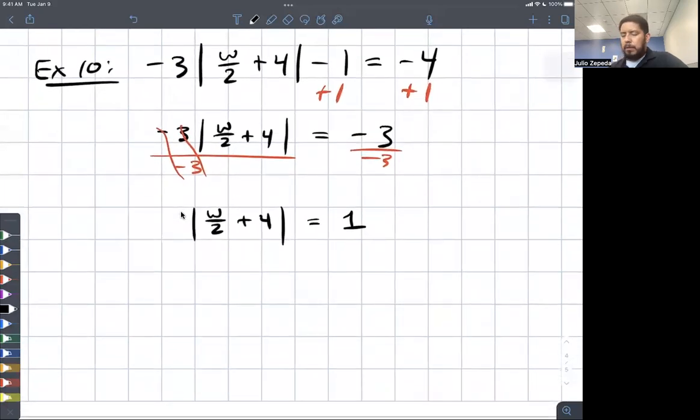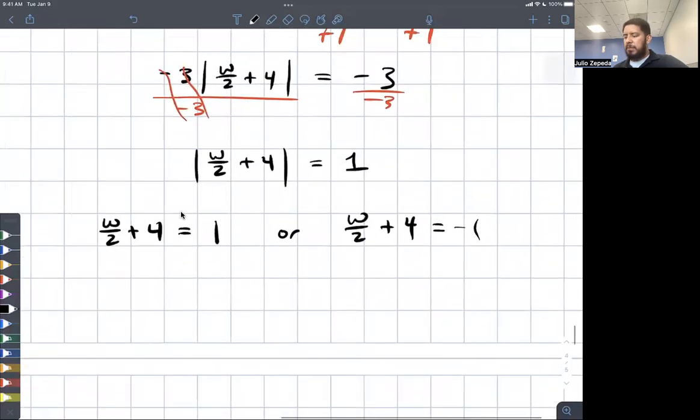Now, the absolute value of w over 2 plus 4 is going to be equal to 1 if w over 2 plus 4 is equal to exactly 1, or if w over 2 plus 4 is equal to negative 1. And now we can solve both of these equations.